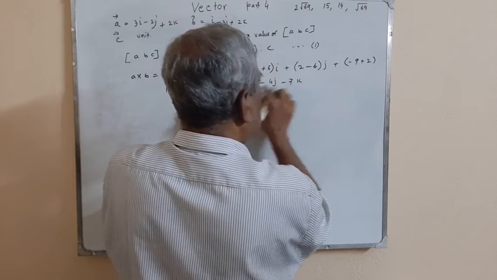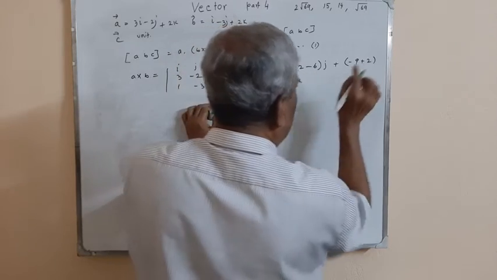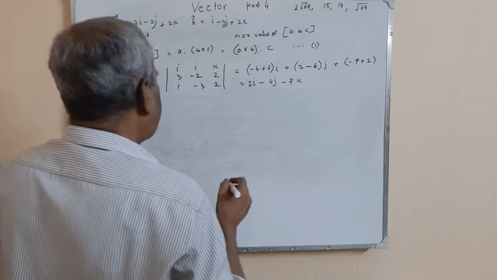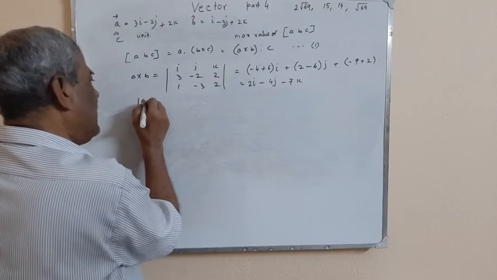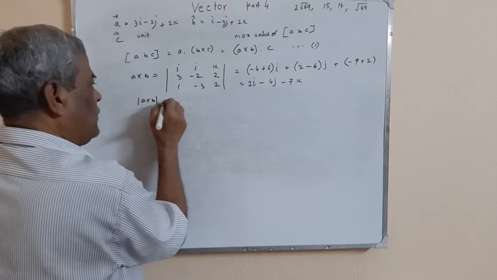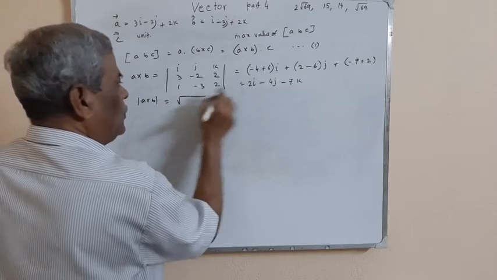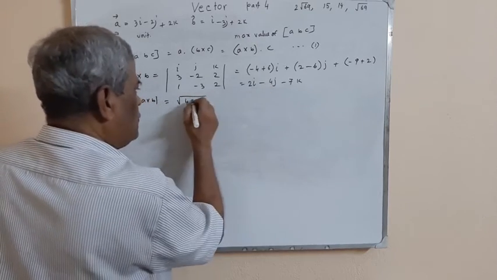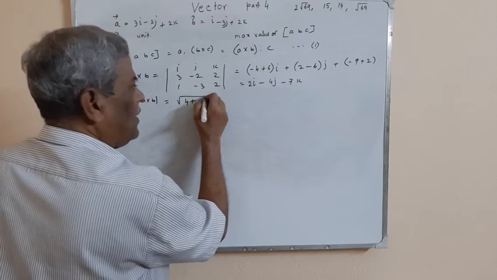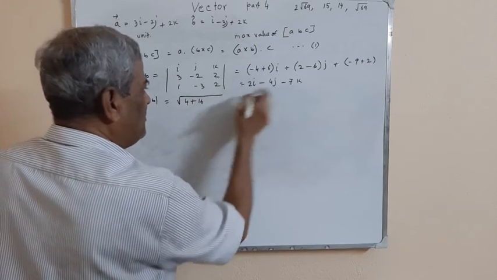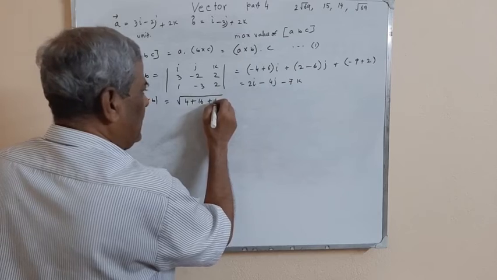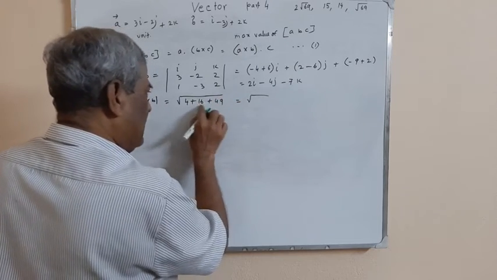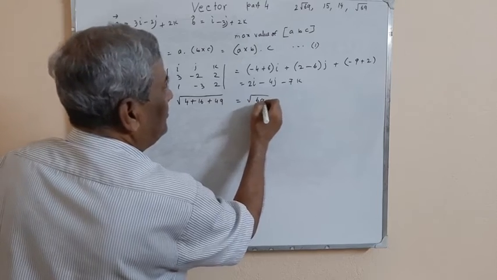So magnitude A cross B is equal to root over of 2 square, that is 4, plus minus 4 whole square, 16, plus minus 7 whole square, that is 49. It is root over of 69.